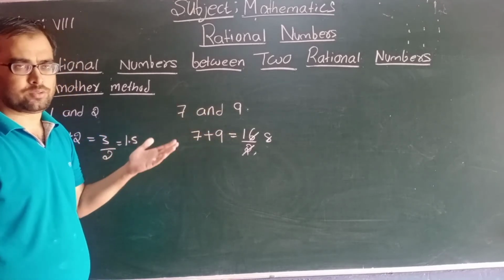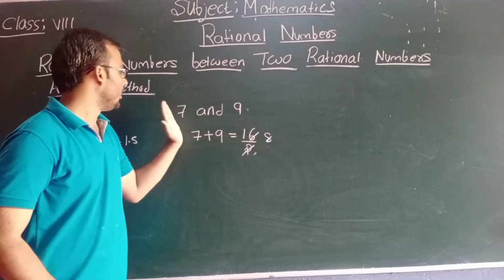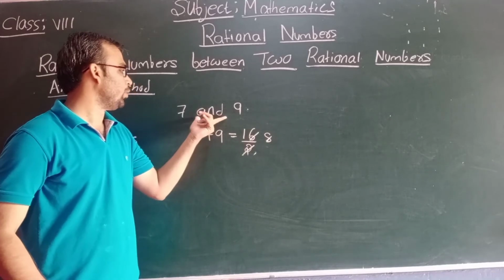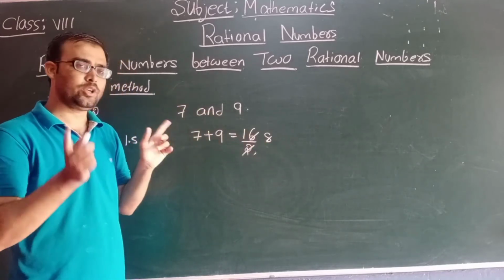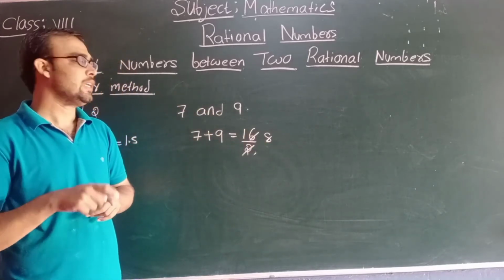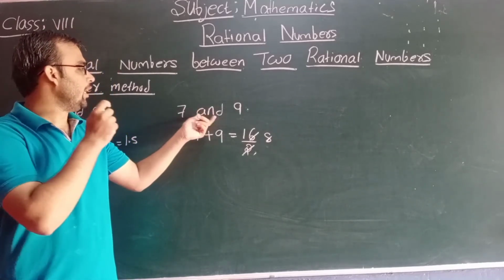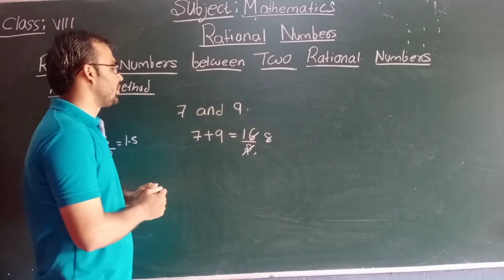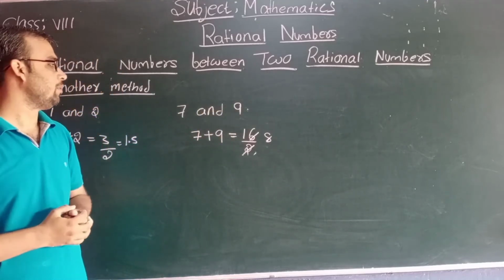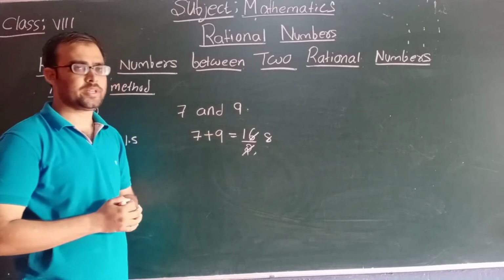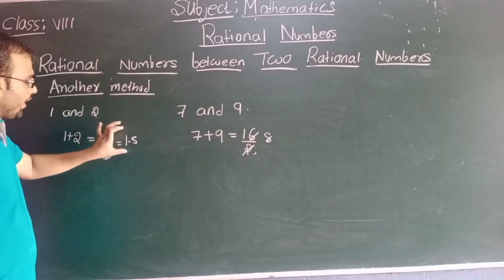So here what I mean to say is always the middle number of any two numbers is its mean. Always the middle number of any two numbers is the average, the mean of those two numbers. So look at here, again come to this.